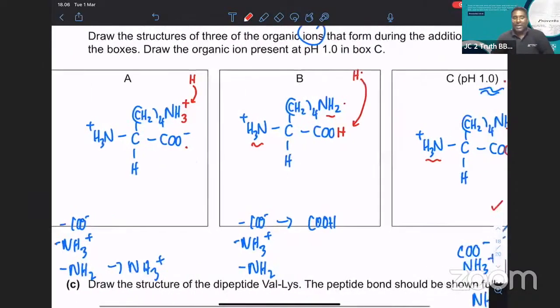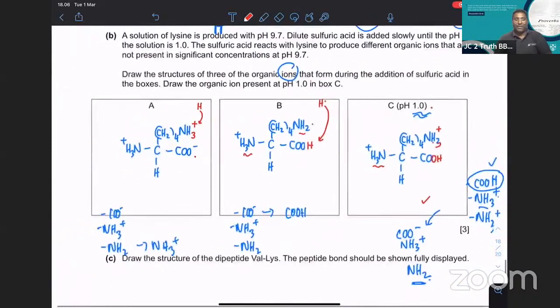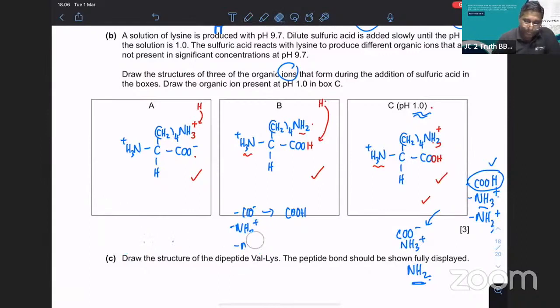So there are 3 possibilities: the H goes to the NH2, the H goes to COO minus, and the H goes to both at pH 1. These are the 3 things. To make it very clear, I'll erase this part so it's better now.